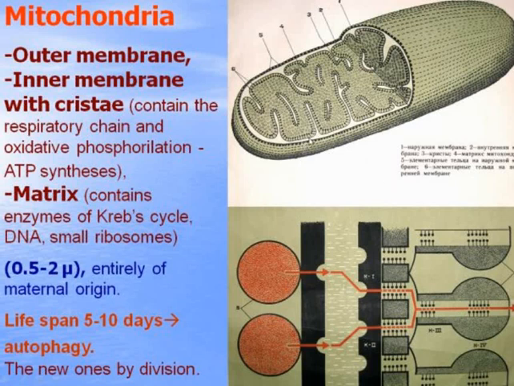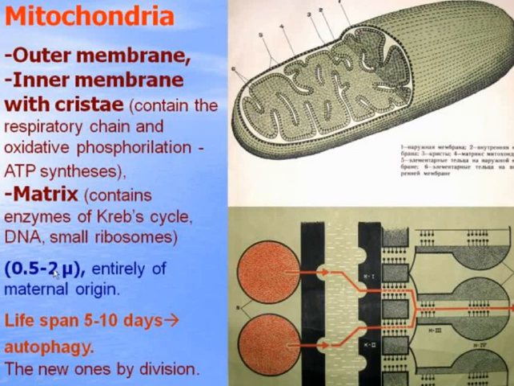In mitochondria, oxidative phosphorylation takes place. Organic substances like glucose or fatty acids oxidize inside mitochondria, and energy is accumulated in adenosine triphosphate molecules here in oxysomes, in particles, in enzyme complexes on the surface of cristae.